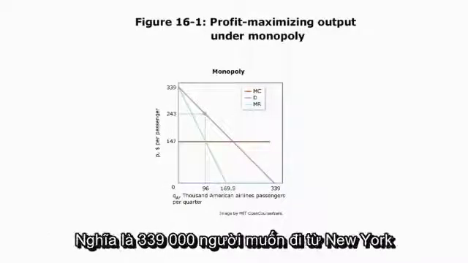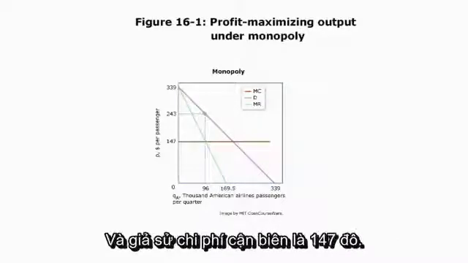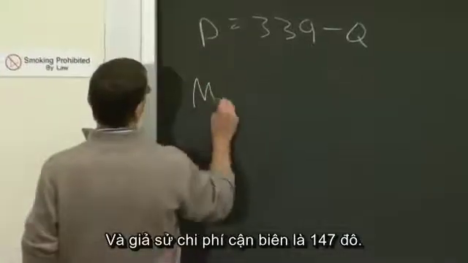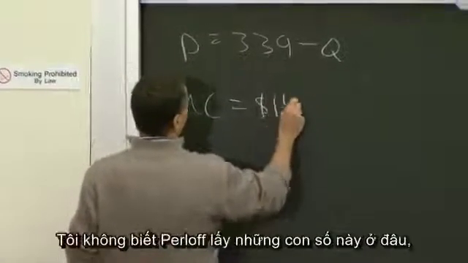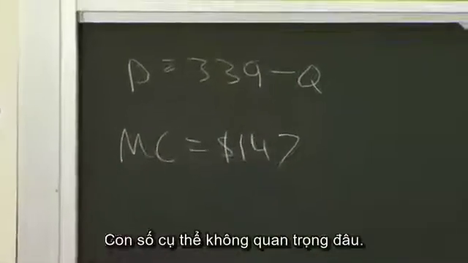That is, 339,000 people want to go from New York to Chicago every month. And let's also assume the marginal cost is $147. I don't know where Perloff came up with these numbers, but let's just go with them. The specific numbers don't matter.